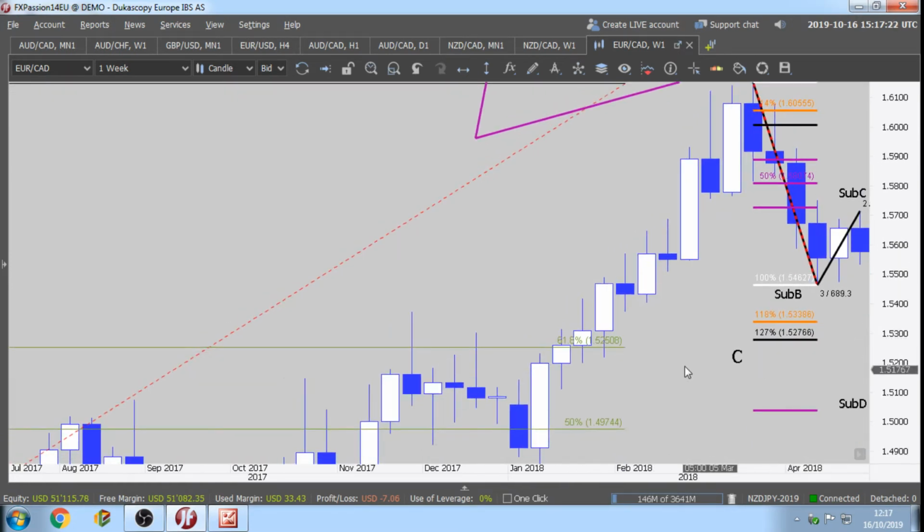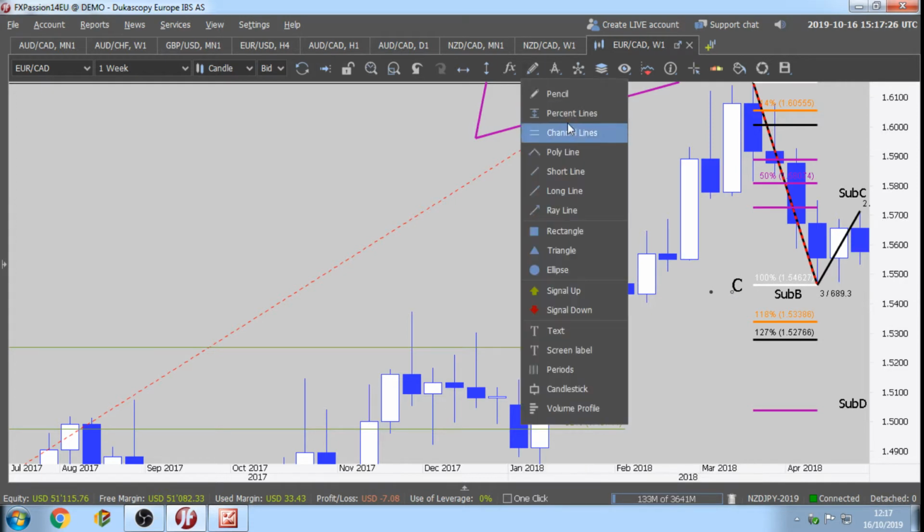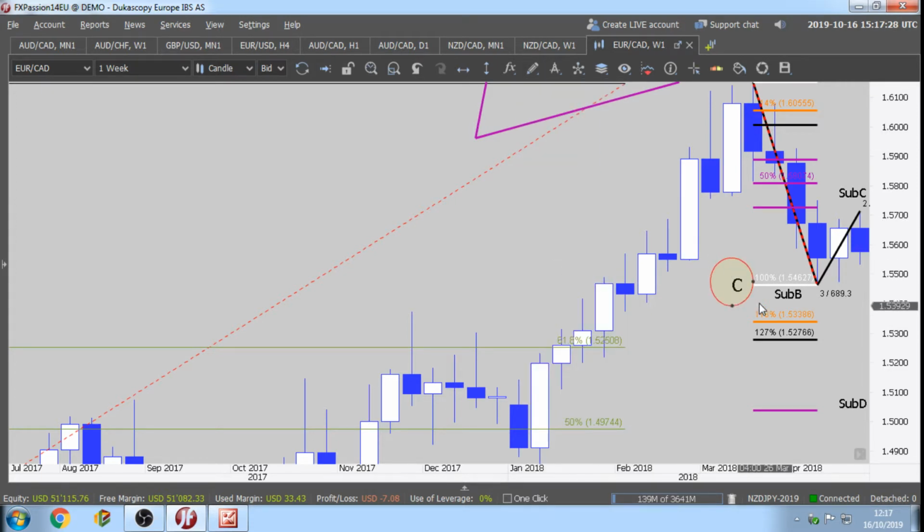A, B, C. Right? So where is our C of the original Fibonacci? Well, at this point in time, our C is going to be at equal level to our sub B. Okay? Why is that? What is the C, everybody?